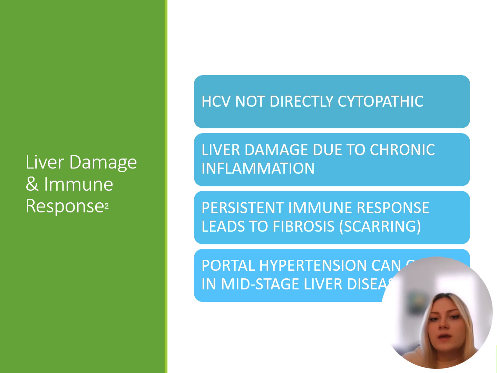However, that impaired flow and higher blood volume results in portal hypertension, and that's just high blood pressure in that portal vein. This is kind of a main staple of mid-stage liver disease, showing that progression. This can cause damage to the liver long term.